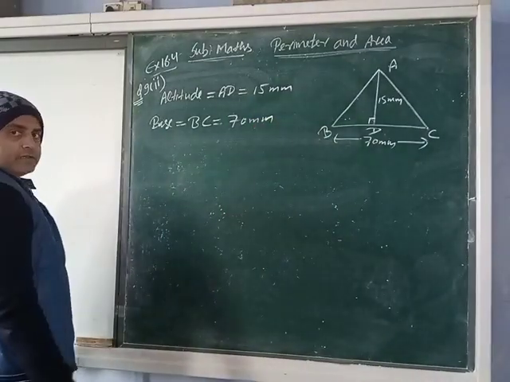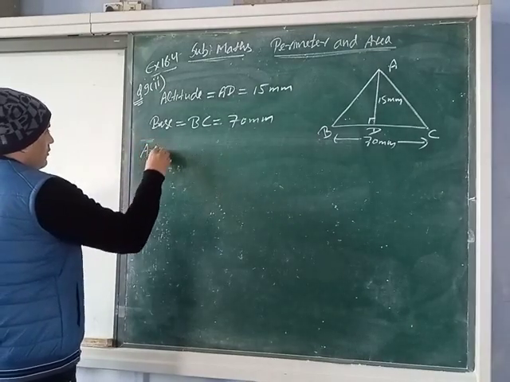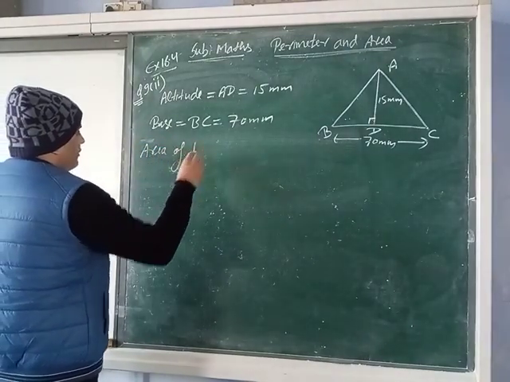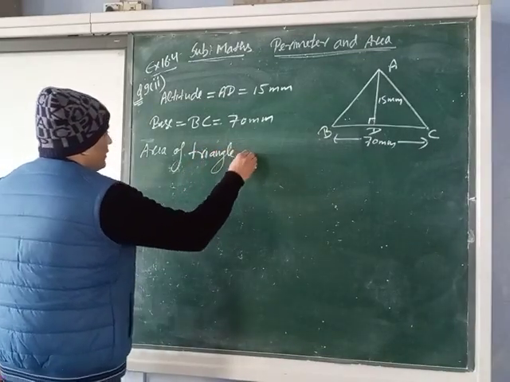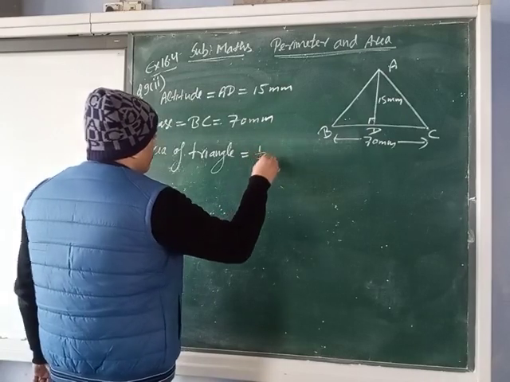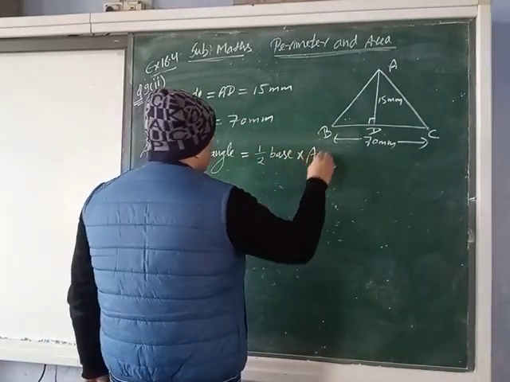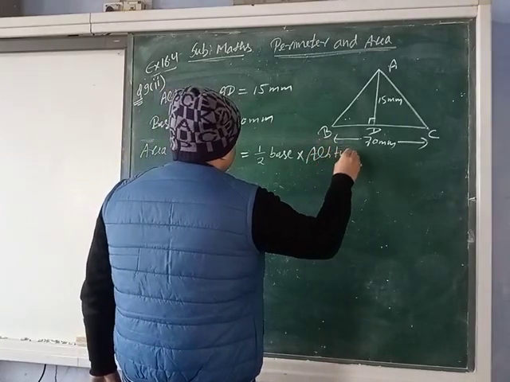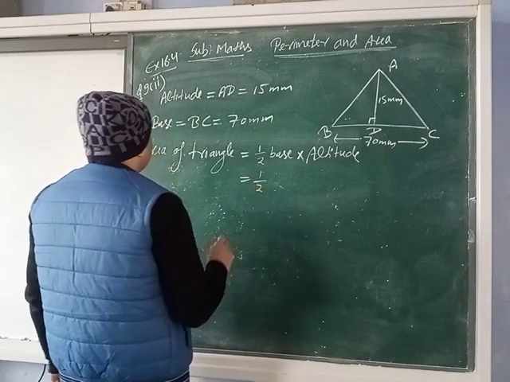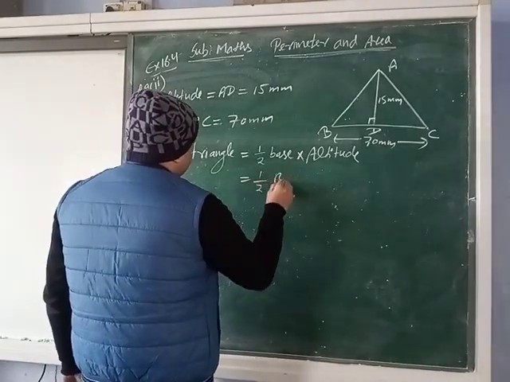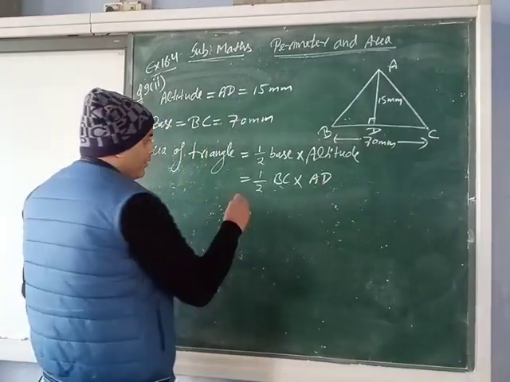The given figure is a triangle. So what is the area of triangle? Area of triangle is 1 by 2 base multiplied altitude or height. Both are same. Base you can write as BC multiply AD. What is the BC?